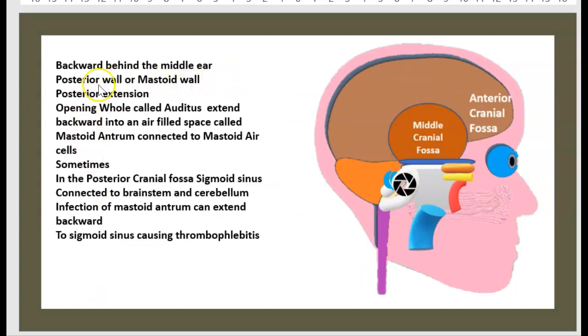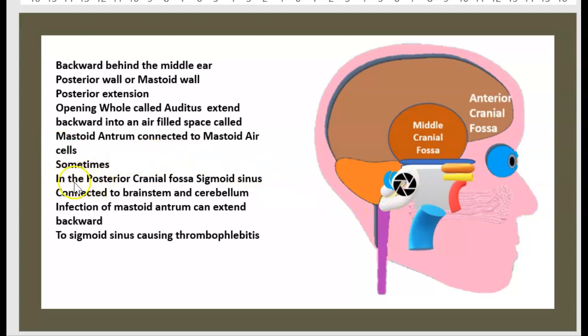Backward, behind the middle ear, is the posterior wall or mastoid wall. There is an extension opening hole called aditus, extended backward into an air-filled space called mastoid antrum, connecting to mastoid air cells.